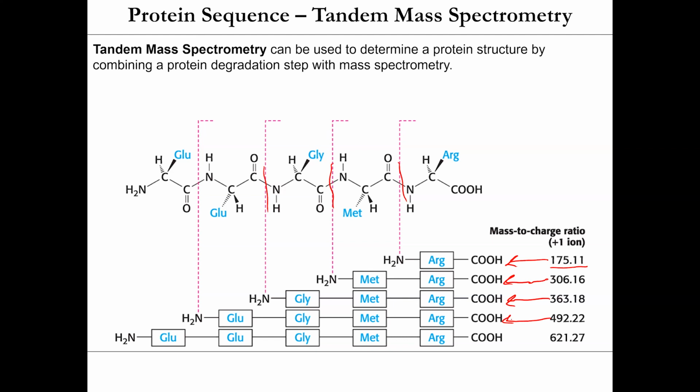Tandem mass spectrometry is called that because you're using a degradation step and a mass spectrometry step in tandem. And so this is a really good way to determine the primary sequence of the protein.